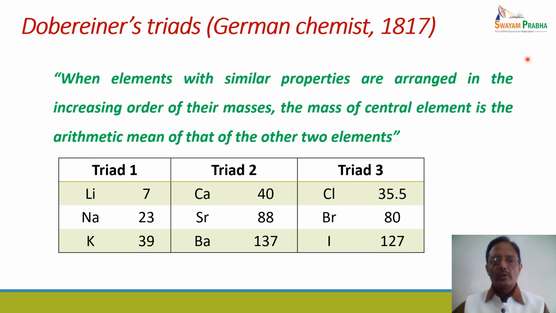However, it was found that it is not an exact mean in most cases, and secondly, only 5 such triads were identified. 5 triads means only 15 elements, whereas at that time more than 50 elements were known, so this could not be applied to all the known elements, and hence further development in this field was required.